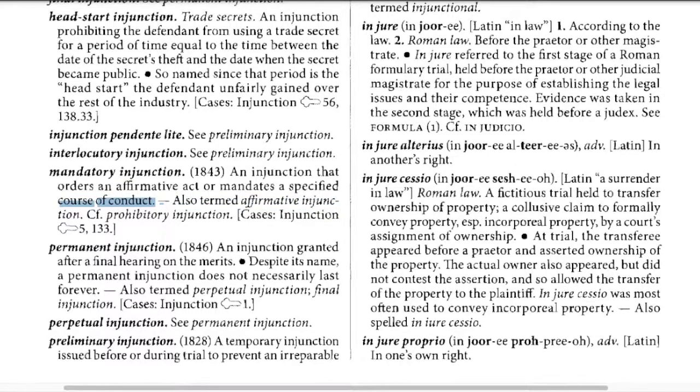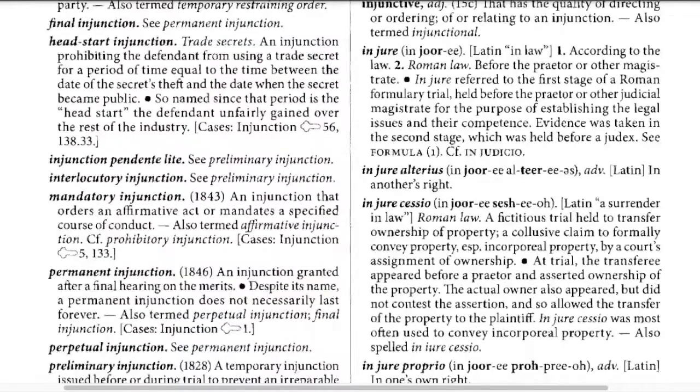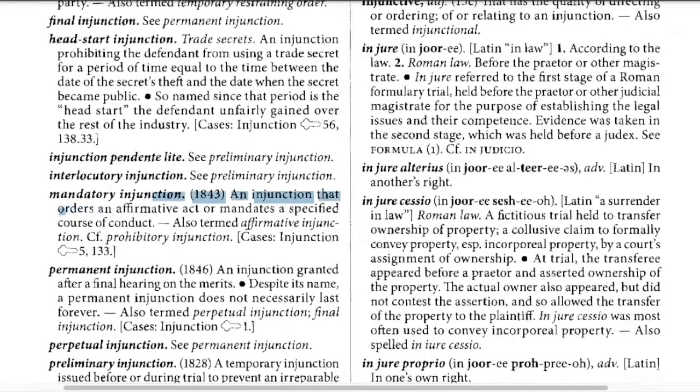Also termed affirmative injunction, which brings us back to this one. Mandatory injunction. So let's look at this familiarity here. We have affirmative injunction, mandatory injunction. Affirmative. Okay, I get it.